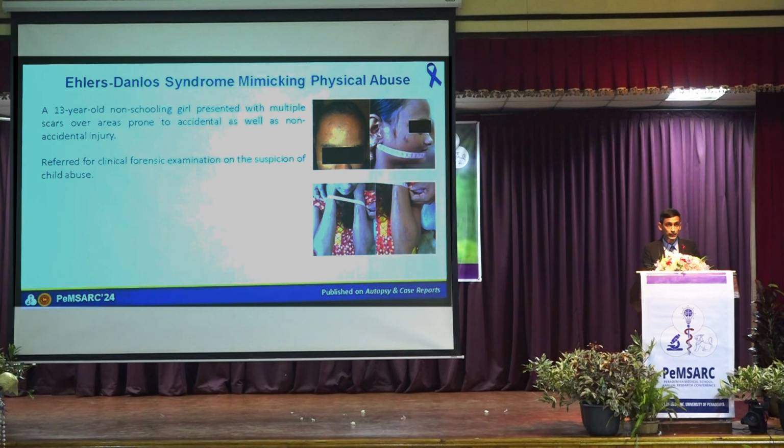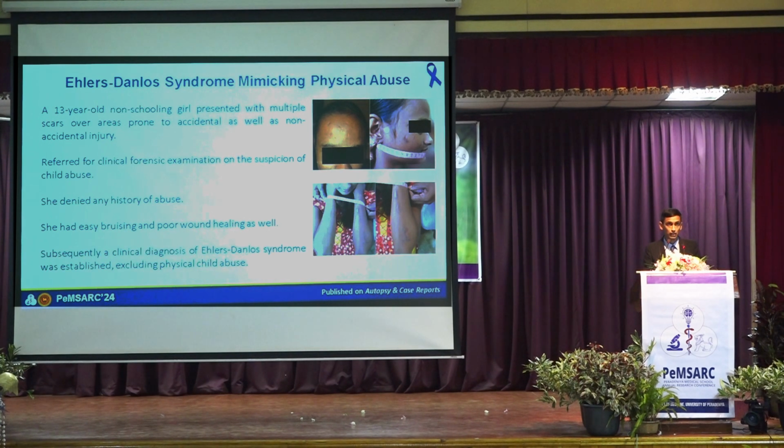Suspecting child abuse, she was referred for clinical forensic examination, but the child denied any history of physical abuse. She also had easy bruising and poor wound healing, and the pediatric team made the diagnosis of Ehlers-Danlos syndrome, a condition of tissues which can lead to abnormal scar formation.